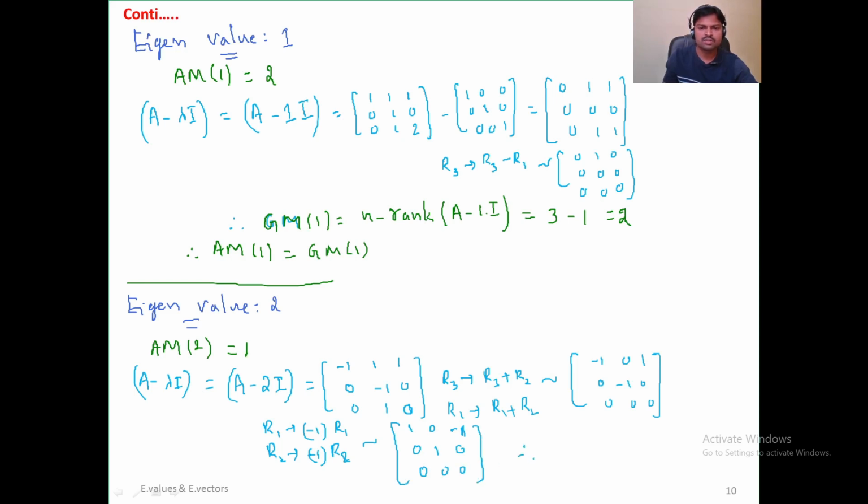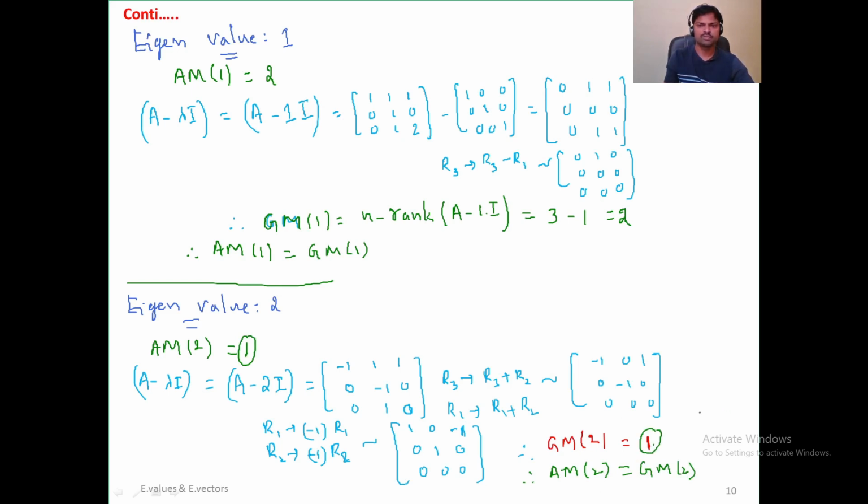So the conclusion: the geometric multiplicity of the eigenvalue 2 is the nullity, which is directly 1. Therefore the algebraic multiplicity of the eigenvalue 2 is equal to the geometric multiplicity of the eigenvalue 2. Look here, geometric multiplicity is 1 and algebraic multiplicity is 1. That's why both are the same.